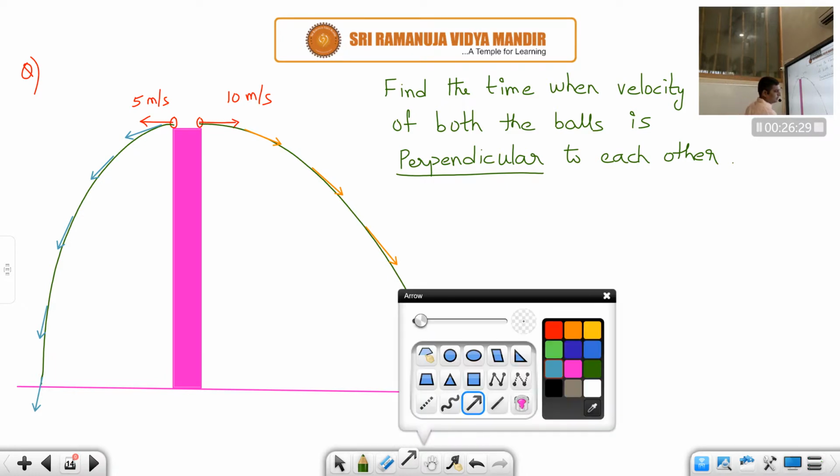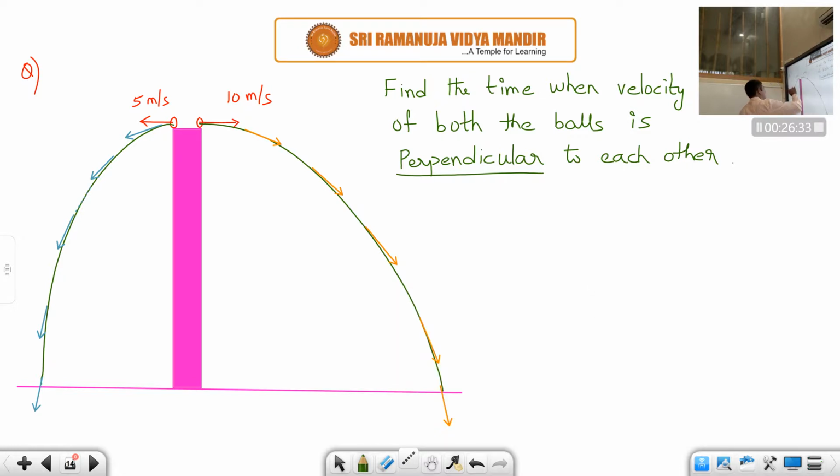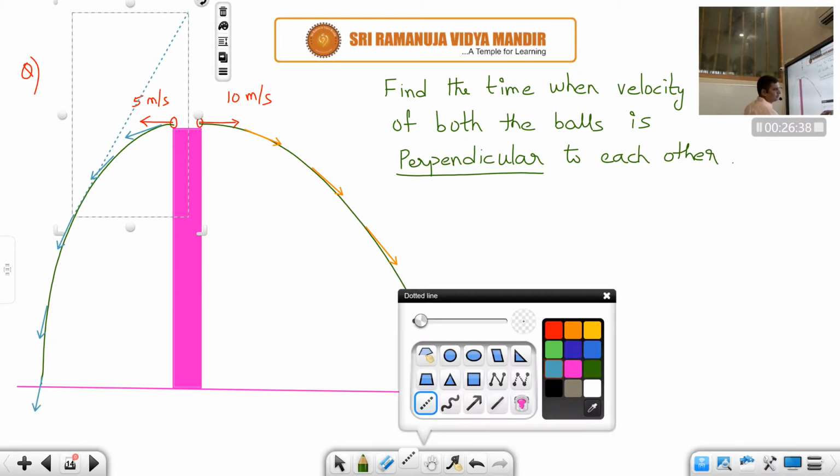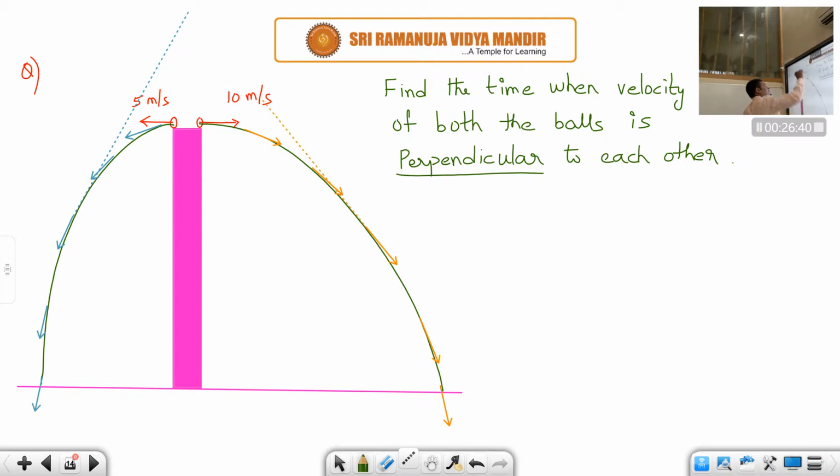So let us say at this point, if you extend this velocity vector and this velocity vector, they'll have an angle of how much, students? 90 degrees. So these points are of interest for us. Let us say this is point A and this is point B. At this point these two vectors are perpendicular to each other.